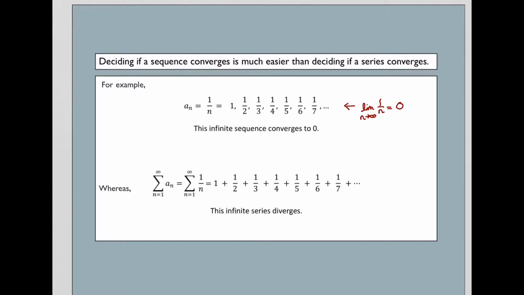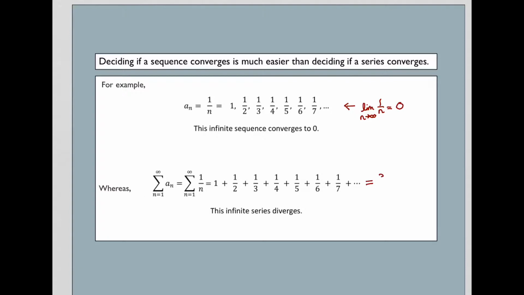Now let's take a look at the corresponding series, the infinite sum of 1 over n from n equals 1 to infinity. That's the sum 1 plus 1/2 plus 1/3 plus 1/4. This is a sum, not a list, it's a sum. That's 1, 1/2, and add to it 1/3 and then add to it 1/4 and then add to it 1/5. Now, even though these terms are decreasing, do these terms add up if I kept adding forever and ever and ever?